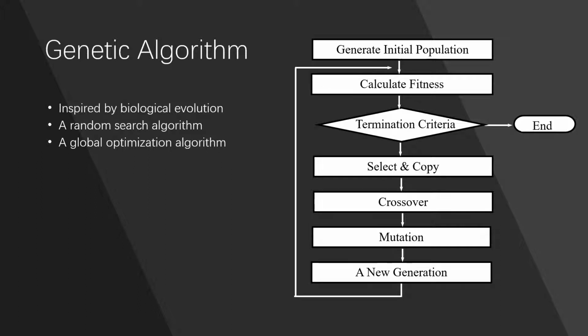After that, mutation is going to happen in your population according to some very small mutation rate. After all these operations, you will get a new generation, and you take this new generation to the second step and do all the operations again and again. So we can say that genetic algorithm is a random search algorithm or a global optimization algorithm.